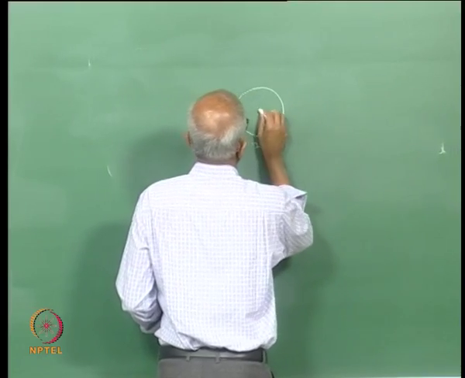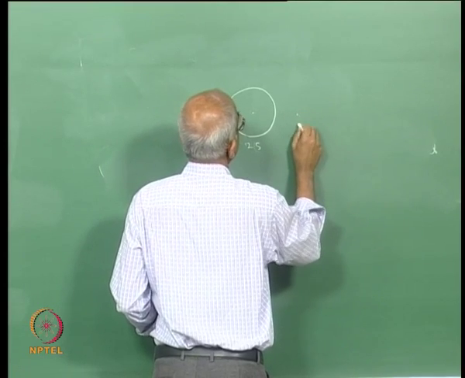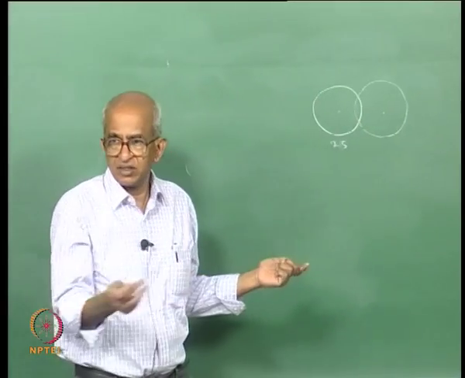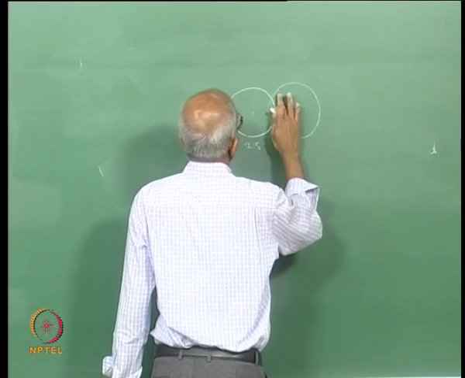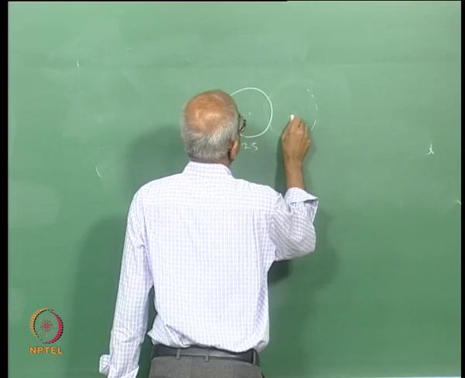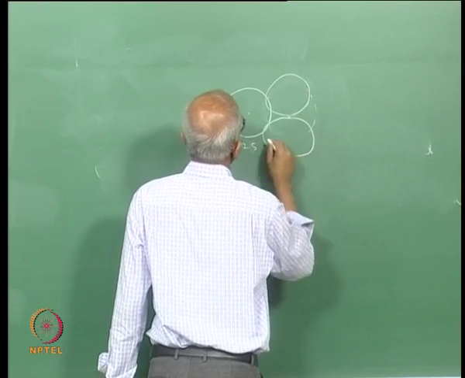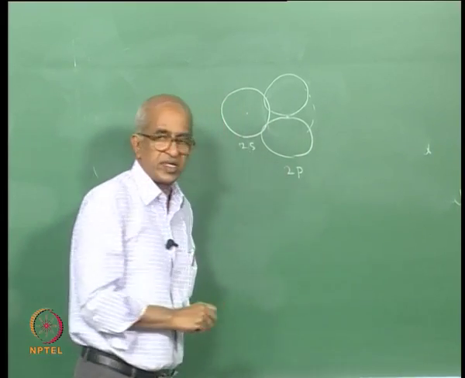Here is the second atom that has a 2s, and these two will interact, there is no doubt about that. But now suppose you think of a situation where I am thinking of a 2p orbital on the second atom, like that. So, this is 2s and this is a 2p orbital. 2p orbitals, there are 3 of them.